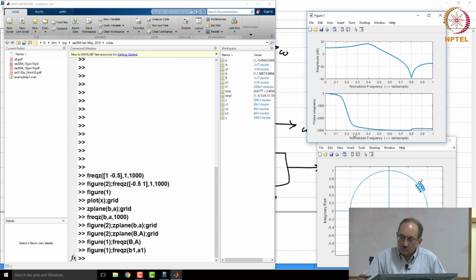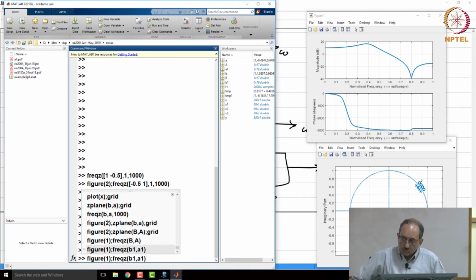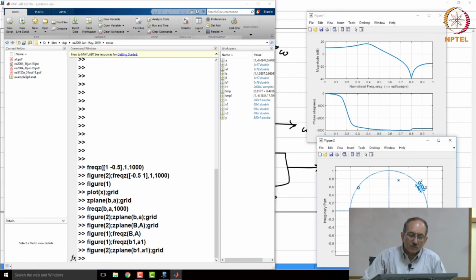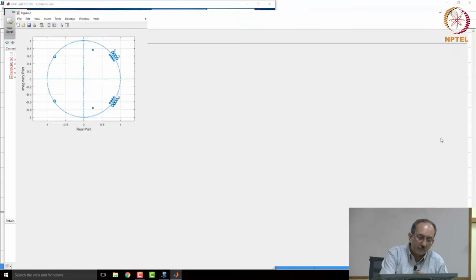And if you look at the corresponding pole 0 plot, so this is what the corresponding pole 0 plot is.